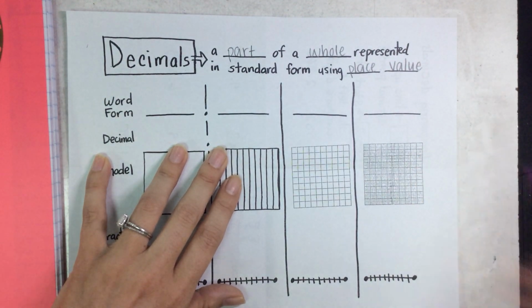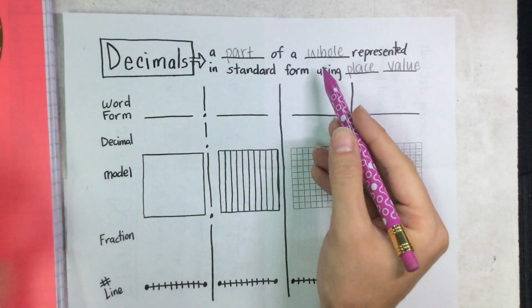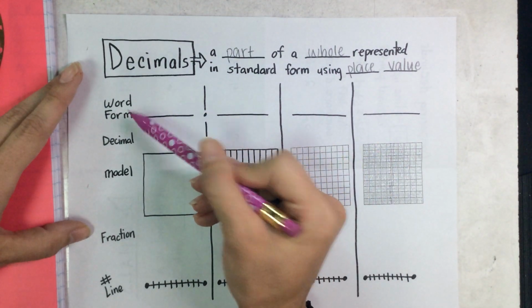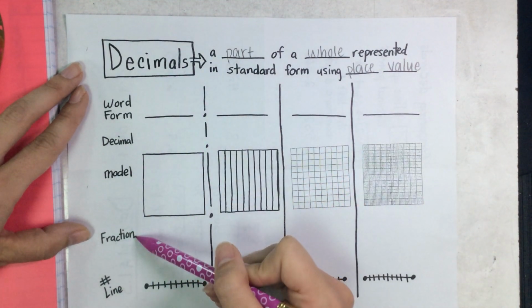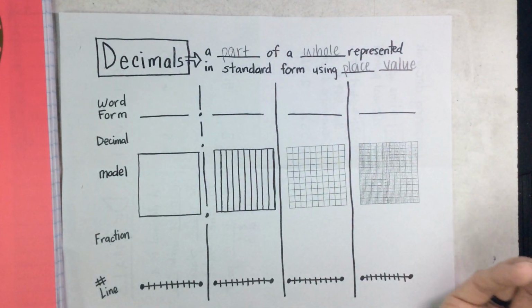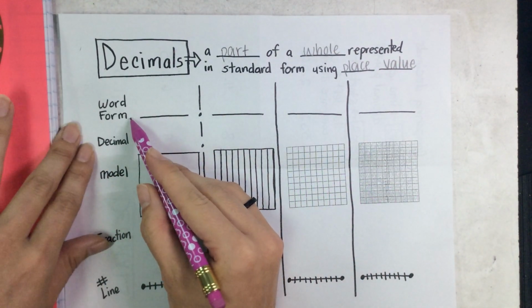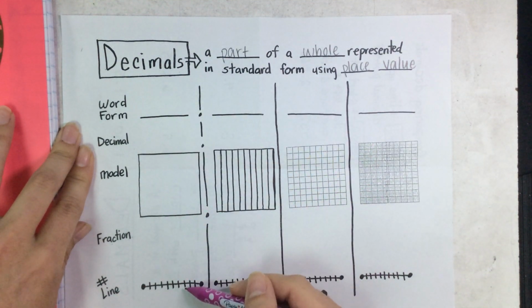Another part of a whole that we could represent is a fraction. That's why here we have word form, decimal model, and fraction. So decimals and fractions are related because they're both parts of a whole, they're just represented differently. So let's do word form, decimal model, fraction, number line for this one.